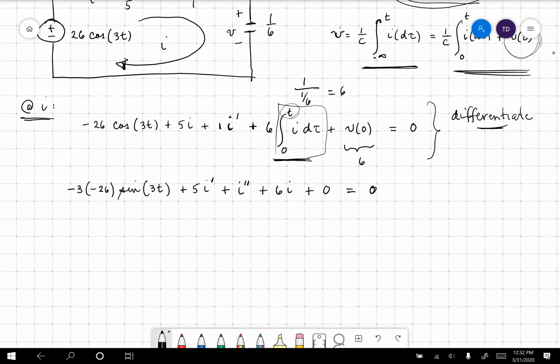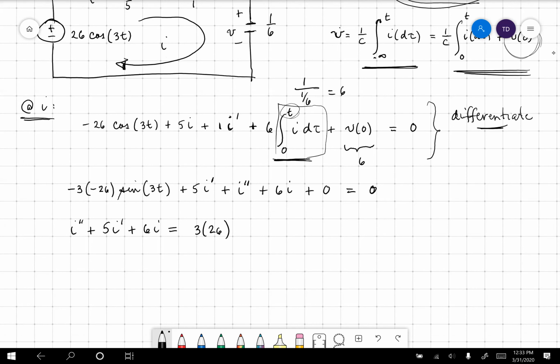Okay, clean this up. I double prime plus 5i prime plus 6i equals, bring it all over to the other side. Those two negatives cancel, bring it to the other side. It's going to be a positive. I'm going to leave it 3 times 26. I know how to multiply them.